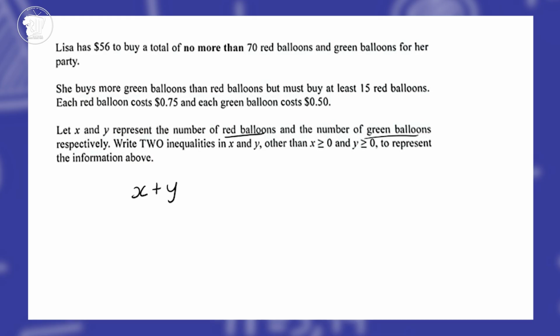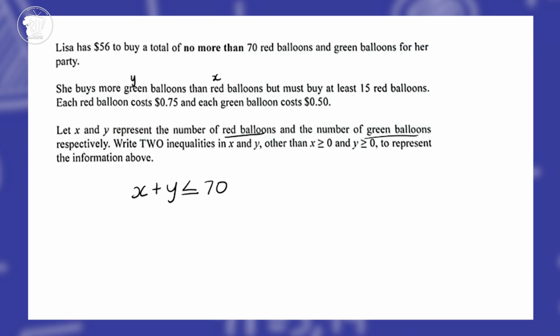If I tell you bring no more than 10 people, it can't pass 10 people. It must be 10 and below. So no more than 70 must be 70 and below. So x plus y must be less than or equal to 70. That is one inequality we can come up with.